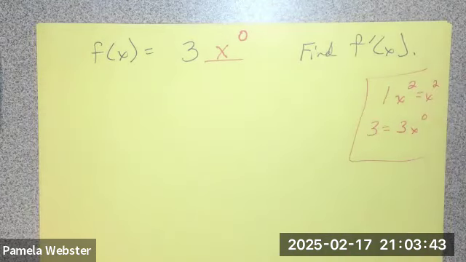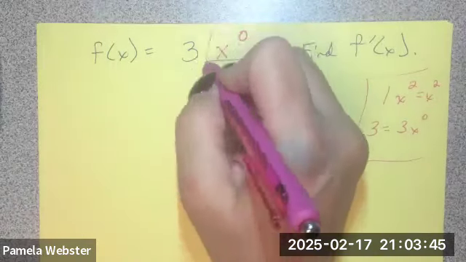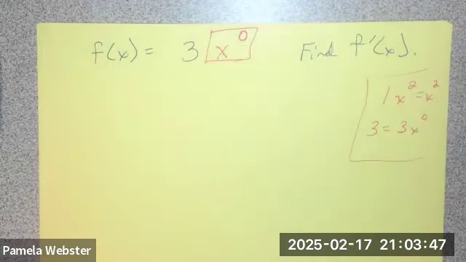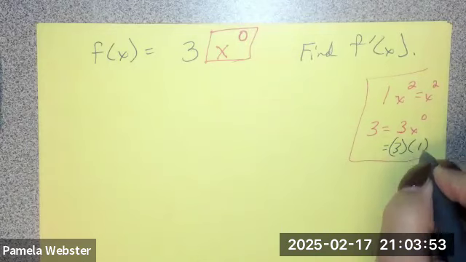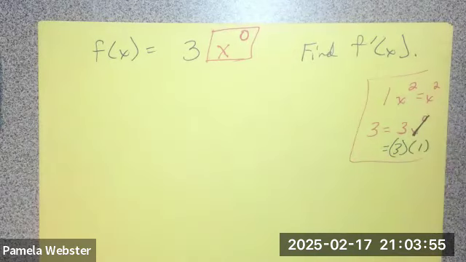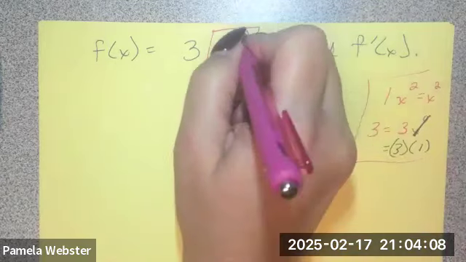Because what is the exponent rule? Hopefully you remember. Anything raised to the 0 power is a 1, right? Anything raised to the 0 power is a 1. So that would just be 3 times 1. So that doesn't change this value. Technically, what we're doing with the constant rule is a shortcut of a shortcut.